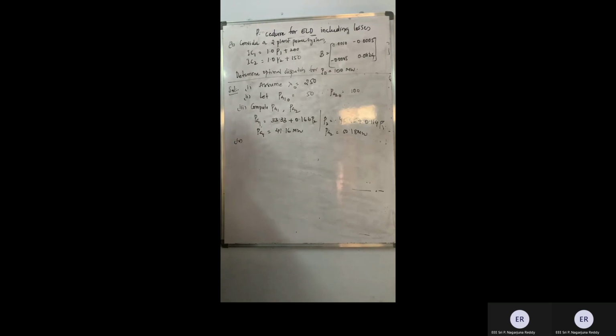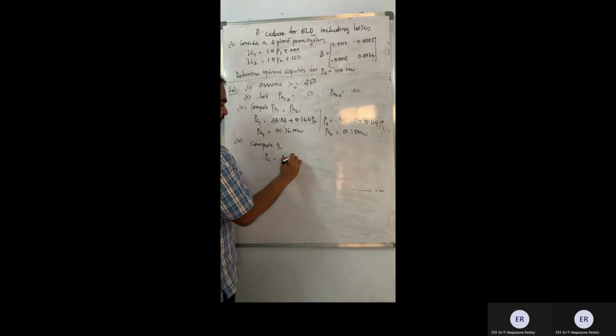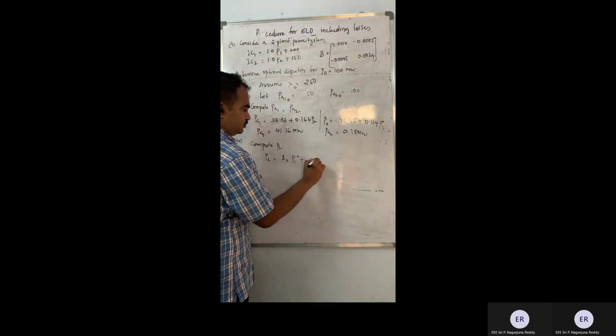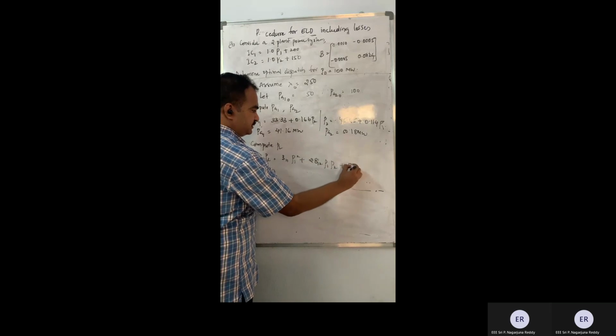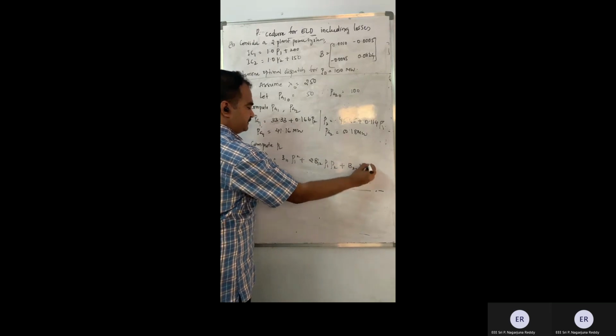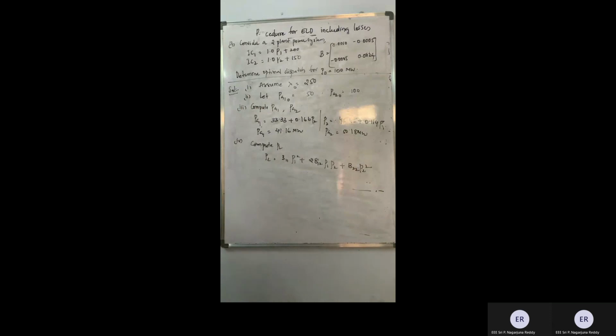Now fourth step. What is fourth step, beta? Fourth step is compute PL. I do have two plants here. So what is PL equation? B11 P1 square plus 2B12 P1 P2 plus B22 P2 square. This is the equation for power loss. Isn't it?